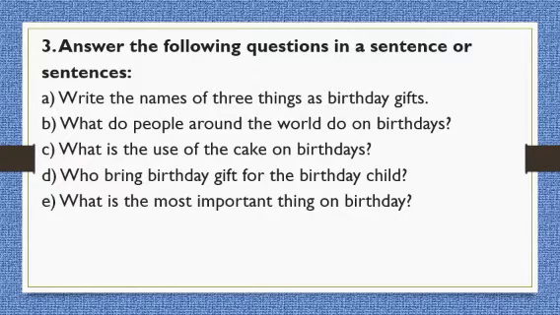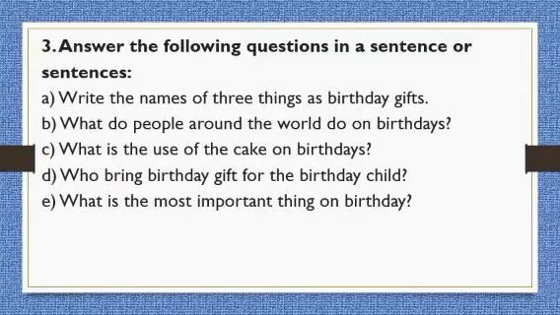The answer will be: the most important thing on a birthday is to enjoy the day and spend time with friends and family. But sometimes you write the key points of birthday, another important thing of birthday, but according to this passage you have to match the exact answer. Try to match the exact answer with the passage.